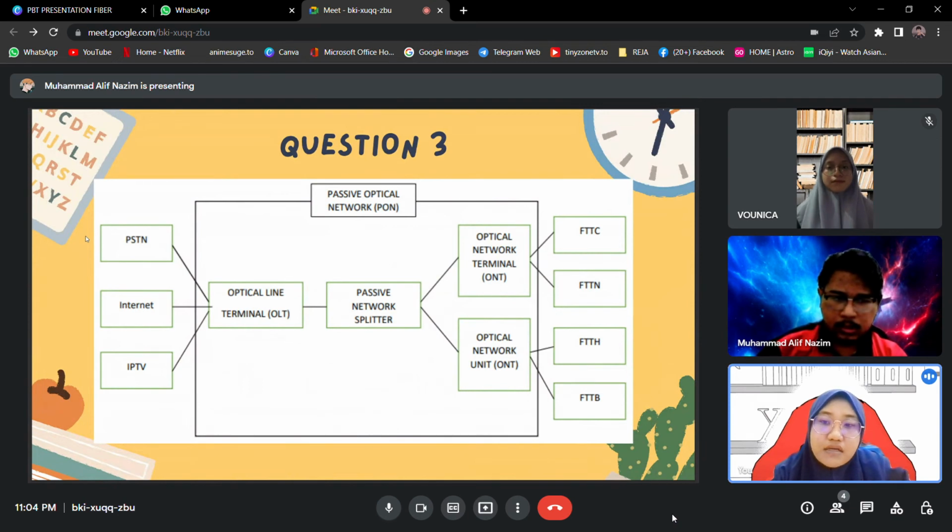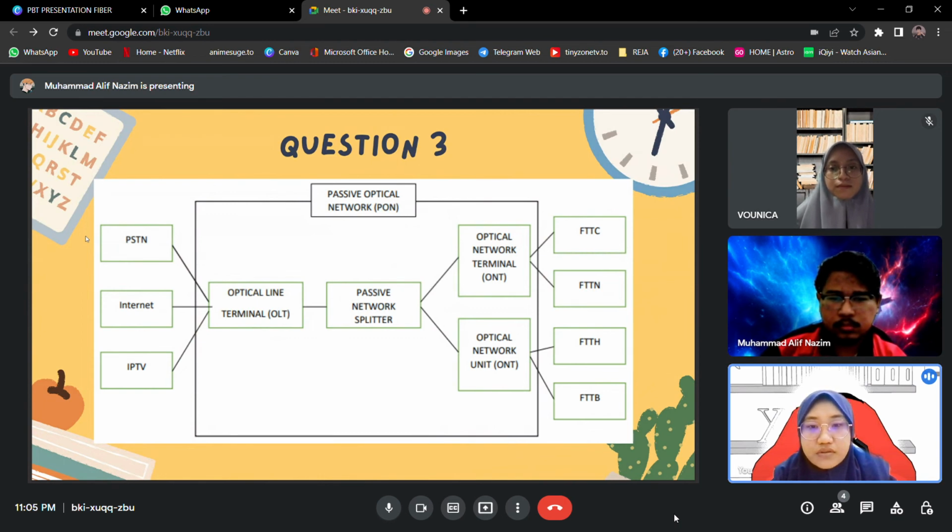On the left side, we have PSTN, Internet, IPTV. The Internet goes through the optical line terminal, which is OLT, the central office of the passive optical network, and so on.